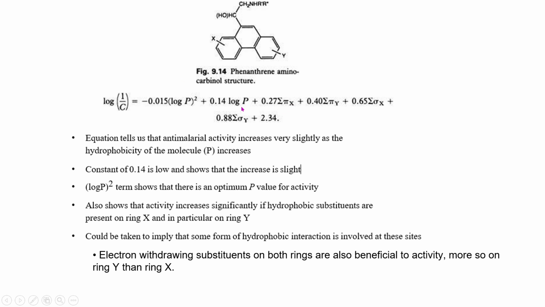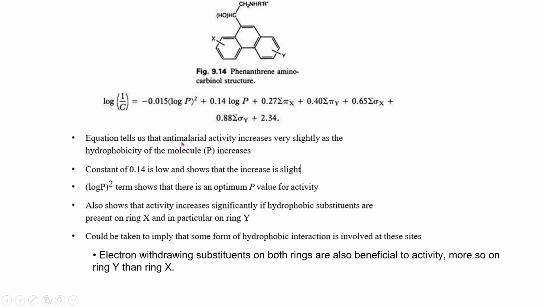Just now we have already discussed that the pi values must be positive in nature and the sigma values must be negative. They will give the better biological activity.